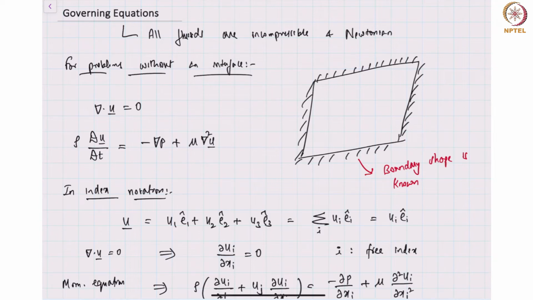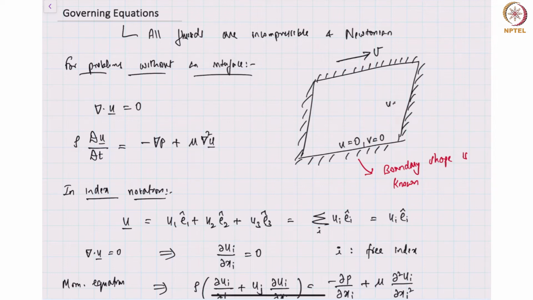So in a problem like this, let's say the upper boundary is moving, it could be a lid driven cavity problem, then on each of the boundaries you would have the components of velocity as 0, because of the no slip and no penetration condition.